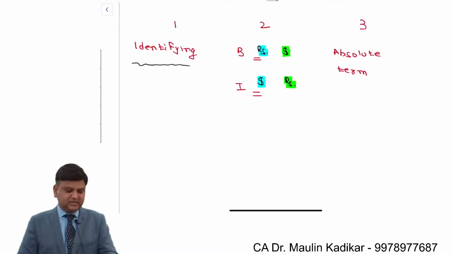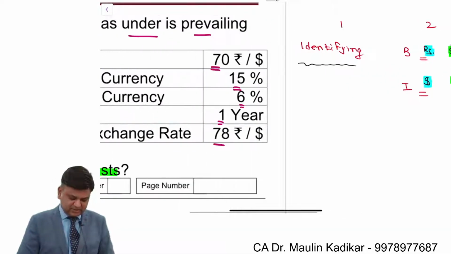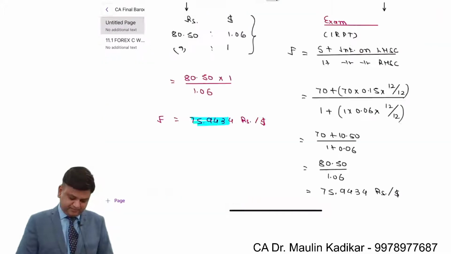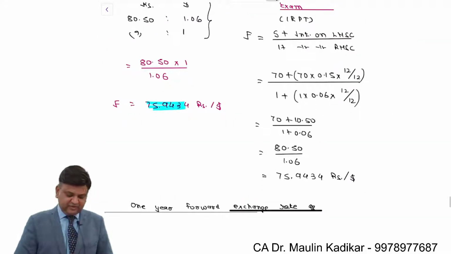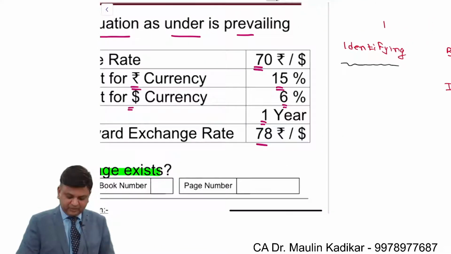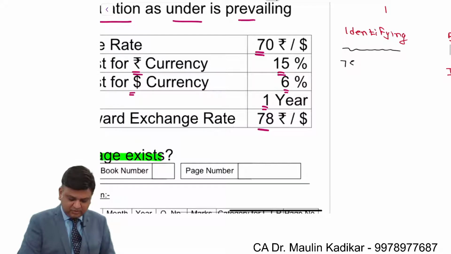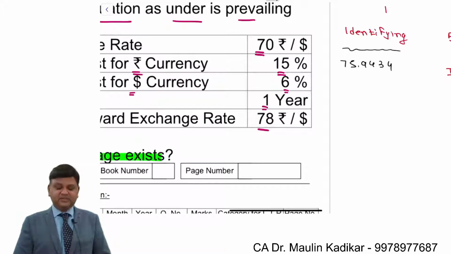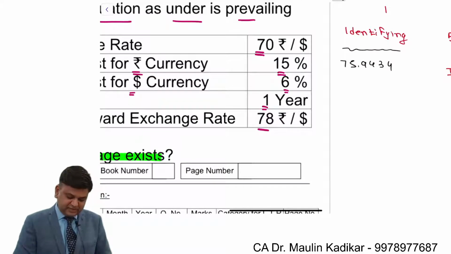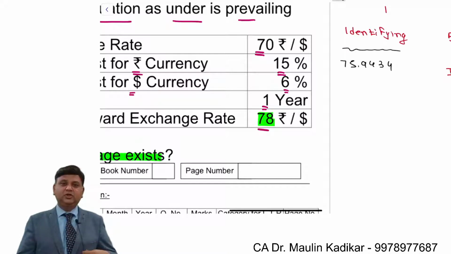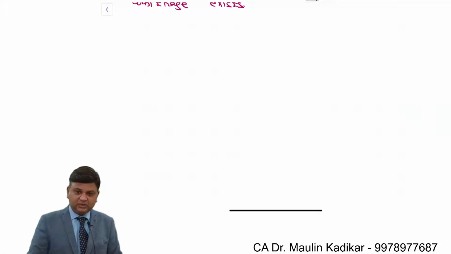Because the forward exchange rate as per IRPT that we have calculated is 75.9434. This should be the forward exchange rate and the actual forward exchange rate is different. Since these two values are not matching, an opportunity of arbitrage exists. Chalo, write down the answer.